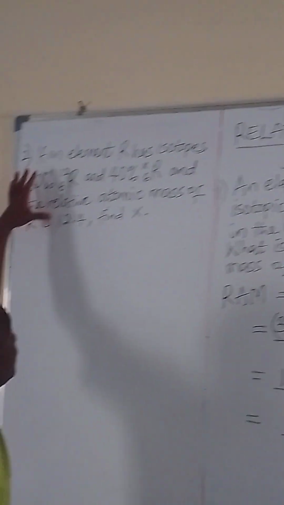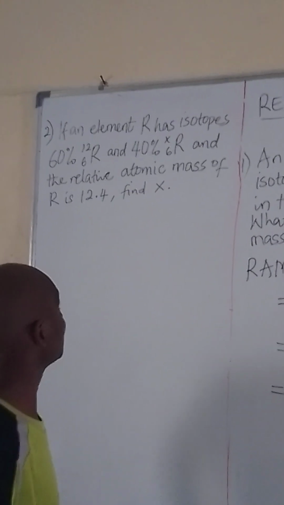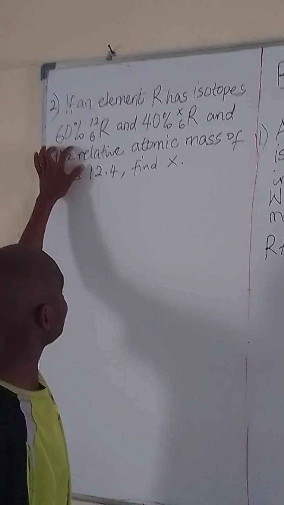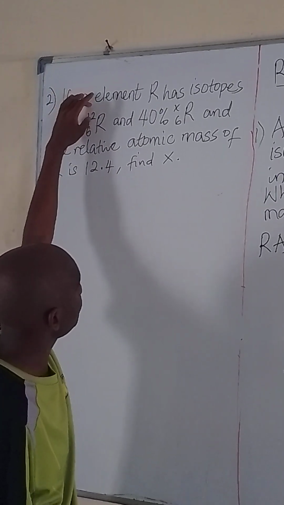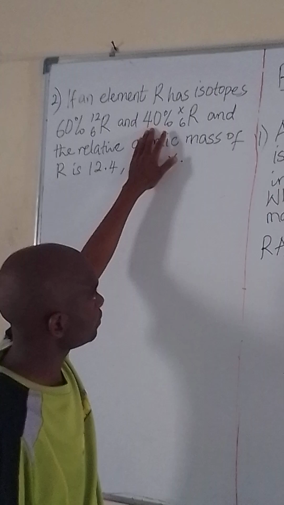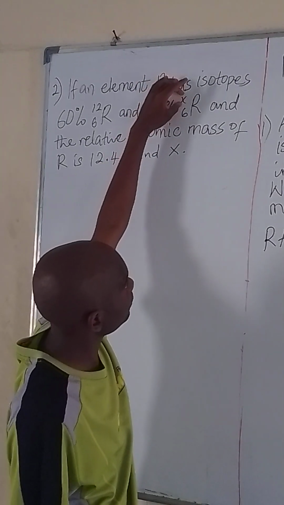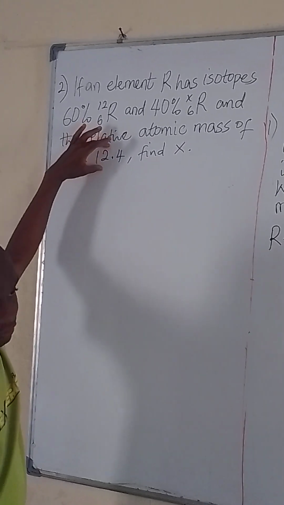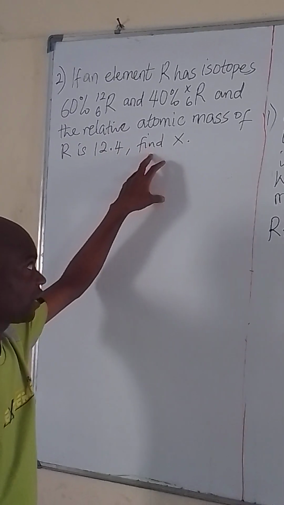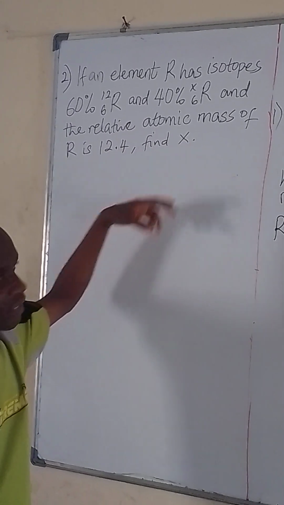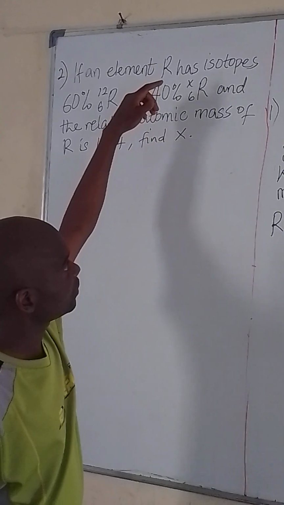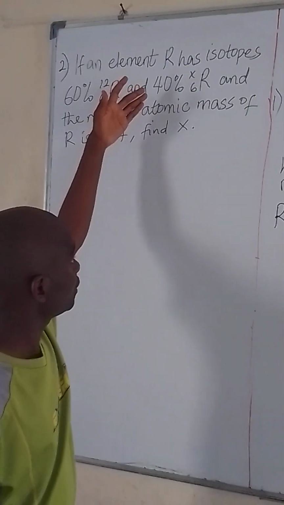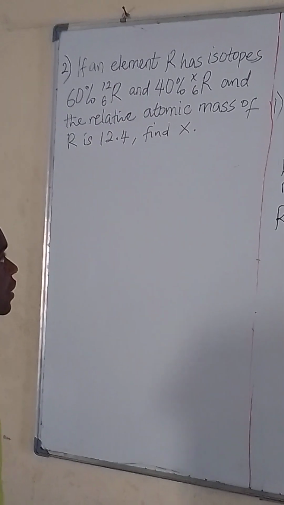Alright, we take example number 2. If an element R has isotopes, 60% R with mass number 12 and 40% R with mass number X, and the relative atomic mass of R is 12.4, find X. In other words, we are looking for the mass number of the second isotope, which has the relative abundance of 40%.